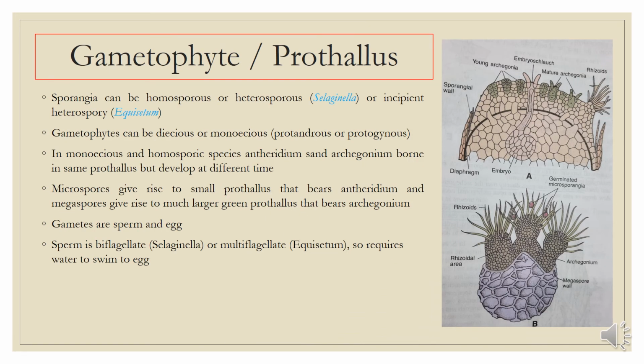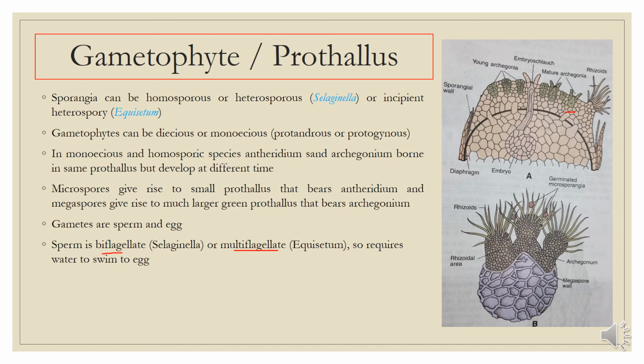The male gamete is a biflagellate or multiflagellate sperm, and it swims towards the archegonium. Here we see in this diagram the mature archegonium.